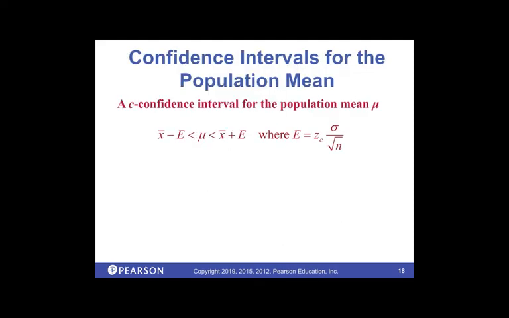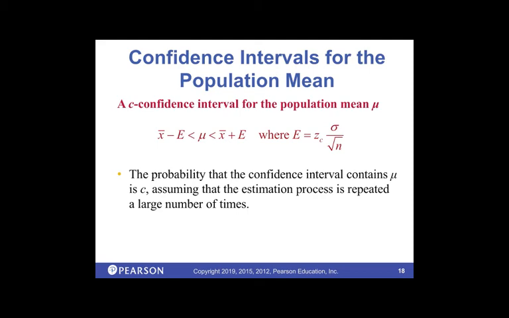So then this notion of confidence intervals, a confidence interval for the population average mu. So that's going to be what? The sample average plus or minus the margin of error that it contains the population average, where E again is what we just discussed in the last slide: the critical value times the population standard deviation divided by root n.